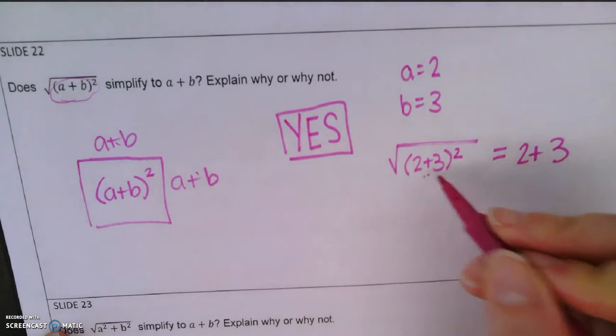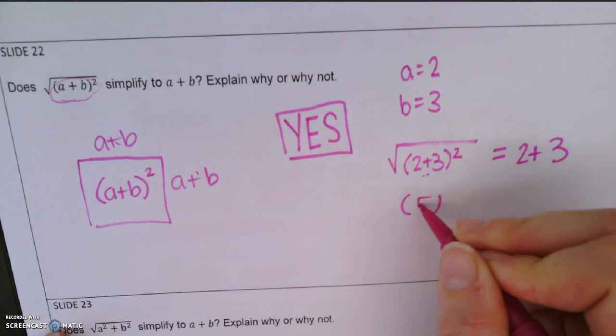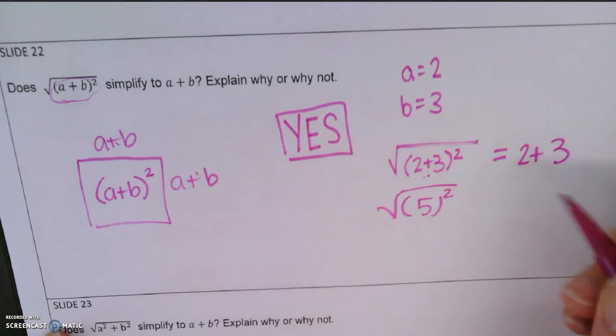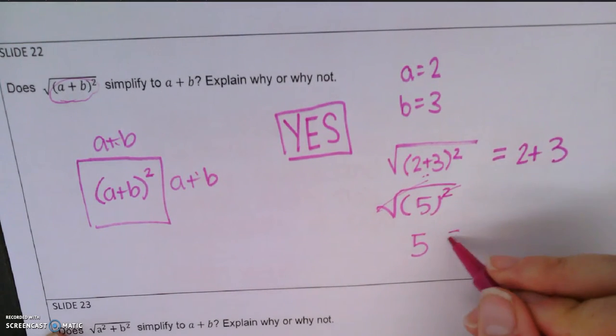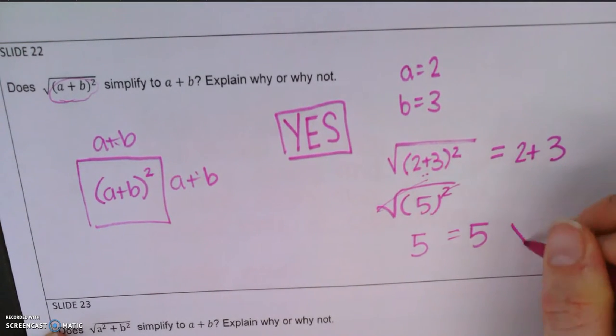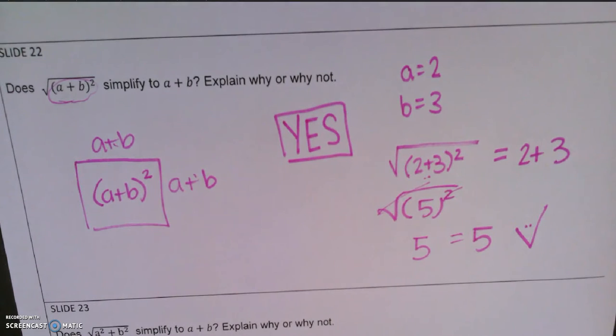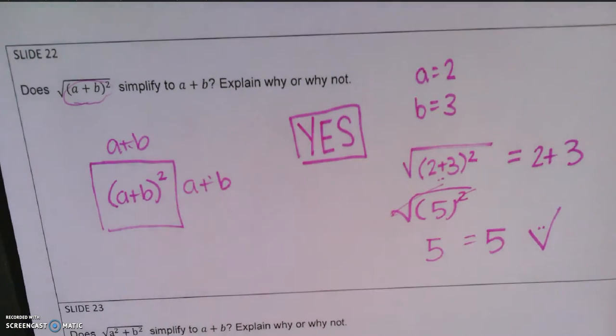Well, order of operations, I do what's inside here, so I get 5 being squared, square root. These would cancel out, and you're left with 5. Equals 2 plus 3, which is 5. Why, yes. Yes, this does. Well, let's continue and look at the next slide, slide 23.